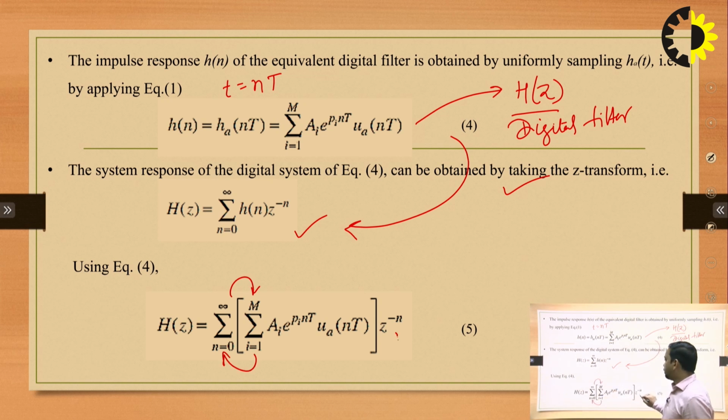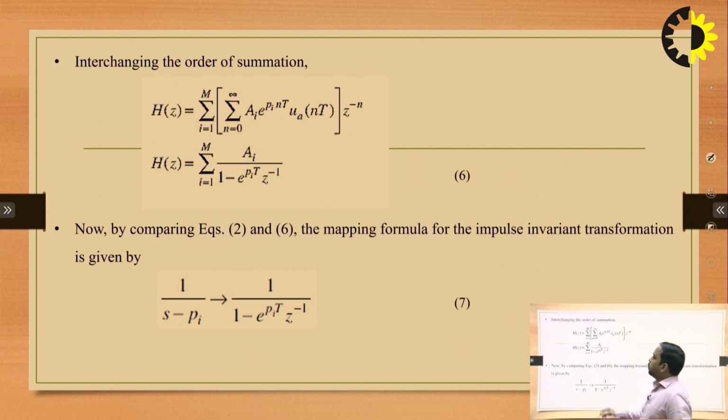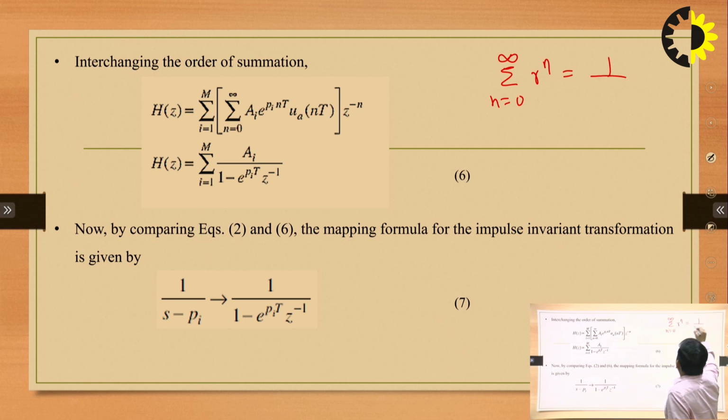So we have the summation n equals 0 to infinity of A_i e raised to power p_i nT times u of nT. Because of this, it's an infinite GP, which is first term divided by 1 minus common ratio. The summation n equals 0 to infinity of r raised to power n equals 1 upon 1 minus r, where r is less than 1.